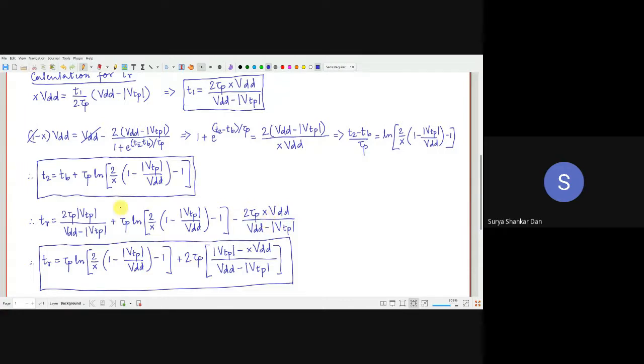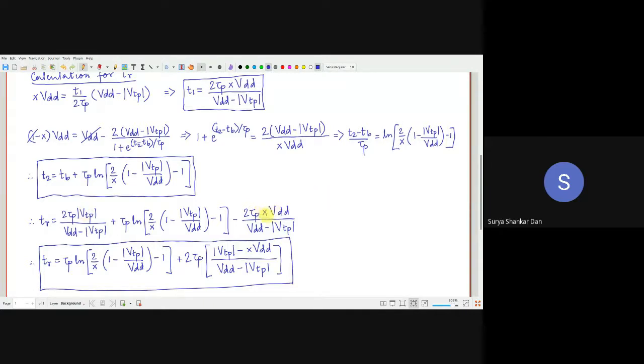Interestingly, notice that X VDD, X is usually very small. So X will be like 10%, 20%, 15%, something. So if X is very small, then obviously this X VDD is going to be much smaller than VTP. Remember, VTP and VTN are close to 50% of VDD. So if VDD is 1 volt, the mod of VTP or VTN will be around 0.5 or 0.4.